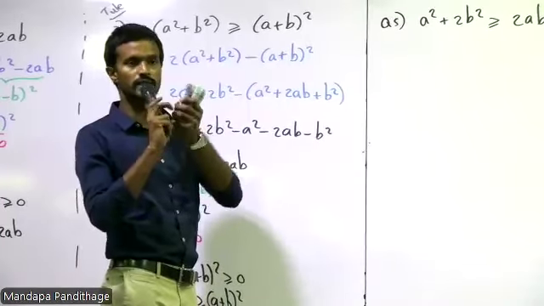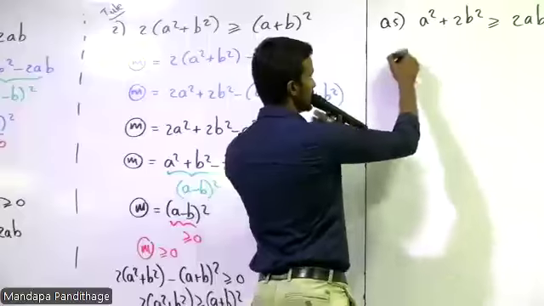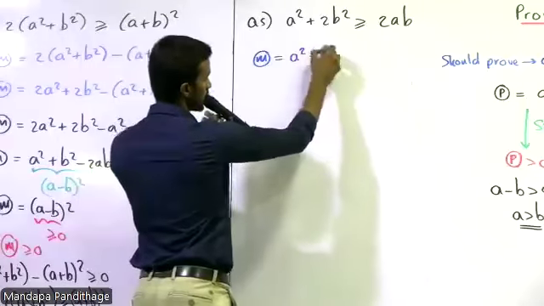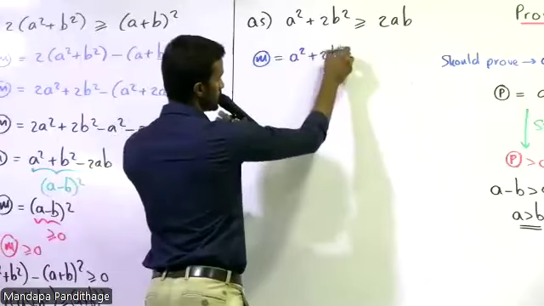So this is how you think it. Now look at this. What you have is this expression: M is a squared plus 2b squared minus 2ab. This would have been familiar.